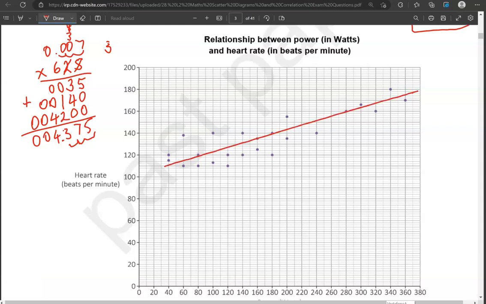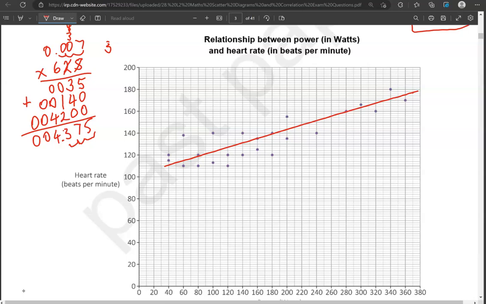So I've just drawn a line that roughly goes through the points, and when it comes to these questions, it's always estimation because you can't be absolutely accurate. So as long as you're trying to go through the points and keeping more or less an equal distance between the line and the points on both sides, you should be absolutely fine.